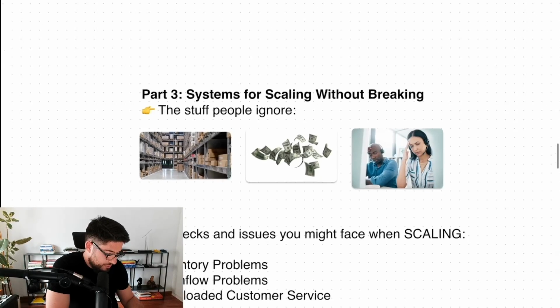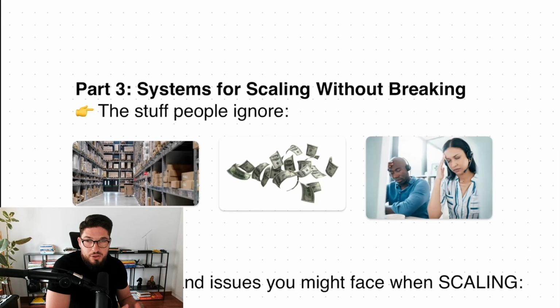Part 3, systems for scaling without breaking. So, things that people typically ignore, and I've got many friends that have big Amazon brands and they are very, very conscious of this. So many times when we're having dinner, we talk about these things. I'm not a pro on this, but I've heard a lot from 7-figure brands on Amazon and how they do it.